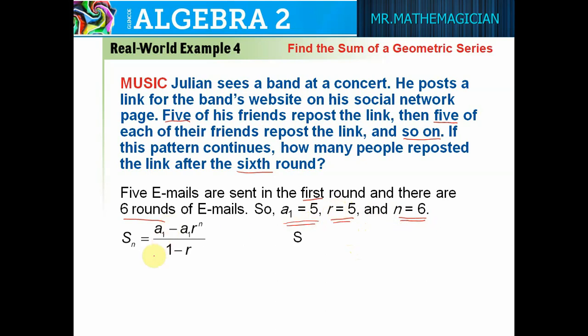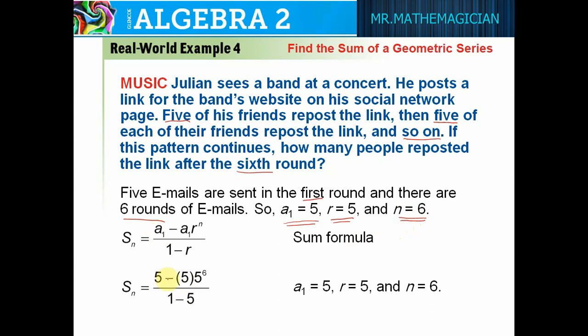Now we are going to use Sn equals a1 minus a1 r to the power of n over 1 minus r, because we are given a1 and the number of terms, which is 6. Just substitute 5 minus 5 times 5 to the power of 6 over 1 minus 5.